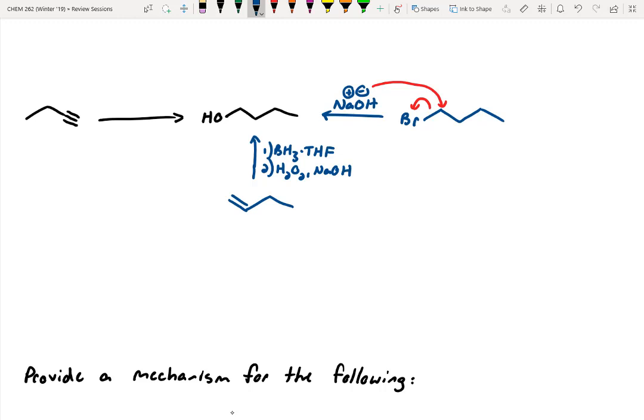All right, so now the question is, how do we get from our alkyne to our alkene? Yeah, you could do H2 and Lindlar's catalyst. That would give you a cis alkene. In this case, it doesn't matter. The alkene's not cis or trans. Or, if you wanted, you could do the dissolving metal reduction. Doesn't really matter in this example. You just can't do hydrogenation, though, because you'll overshoot to the alkane.